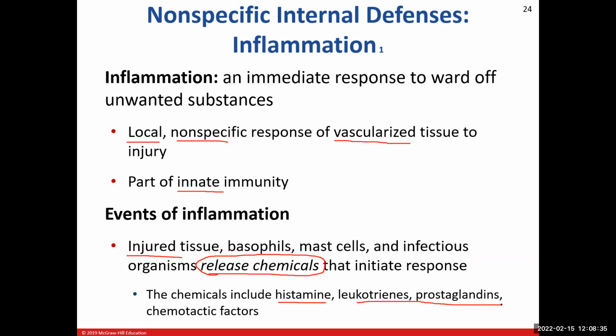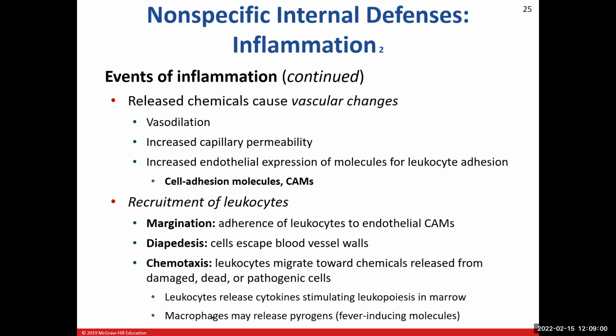Those eicosanoids, those locally acting hormones that are going to come from damaged tissue, are going to act in the inflammatory process. But also we're going to see what we call those chemotactic factors, or those chemicals that are going to attract our white blood cells to that area.